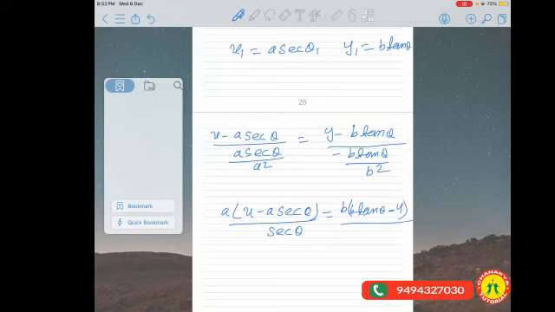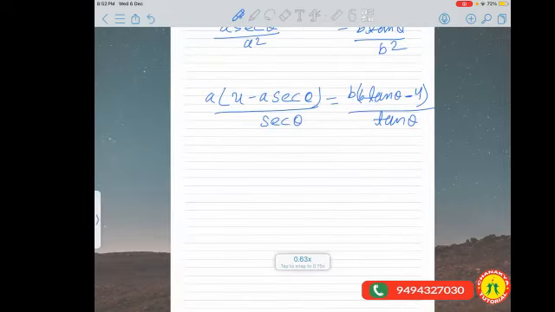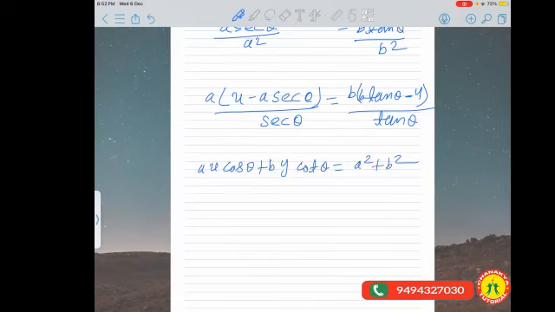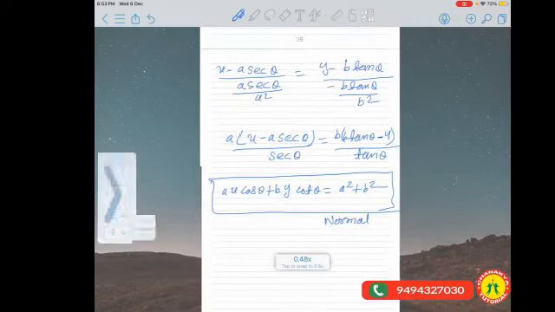Now simplify this. We get ax cos theta plus by cot theta is equal to a square plus b square. So we need to remember this formula in parametric form: ax cos theta plus by cot theta is equal to a square plus b square, the equation of normal in parametric form.